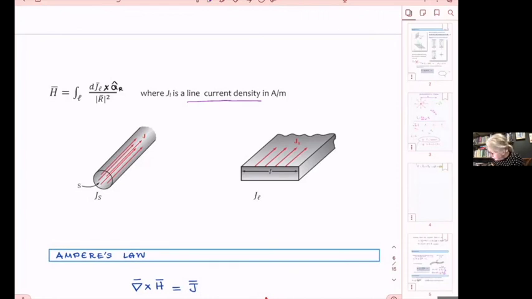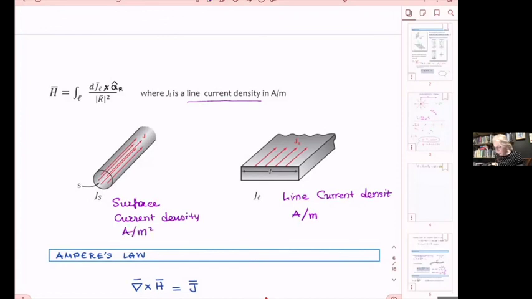So this is line current density. And how do we measure it? In amps per unit length, all right? And this is a surface current density and is measured in amps per surface unit length.